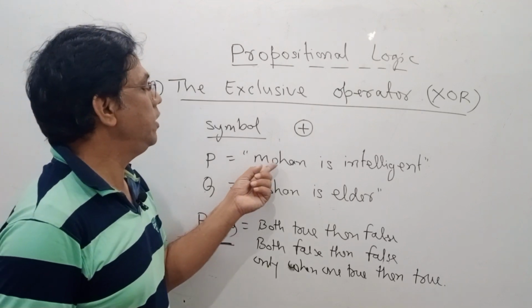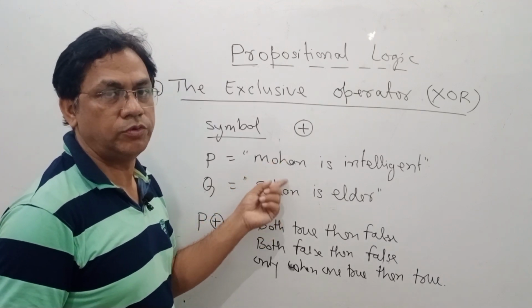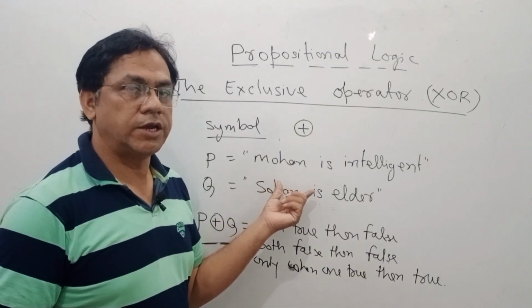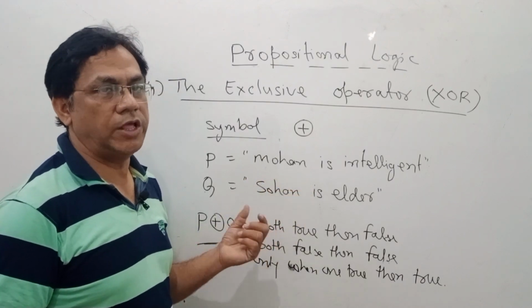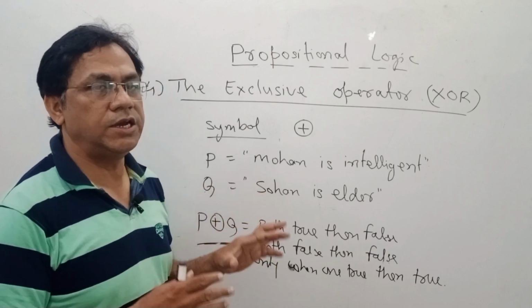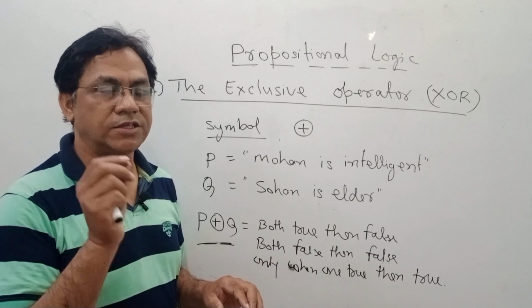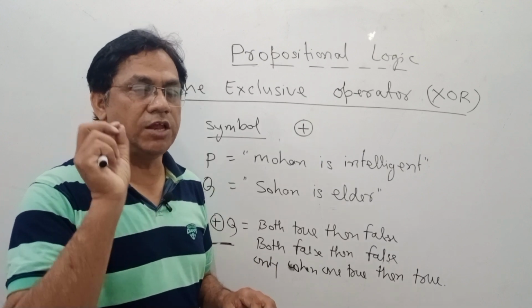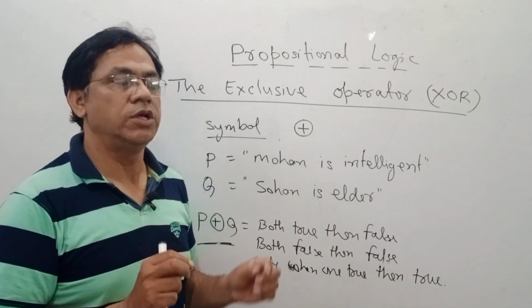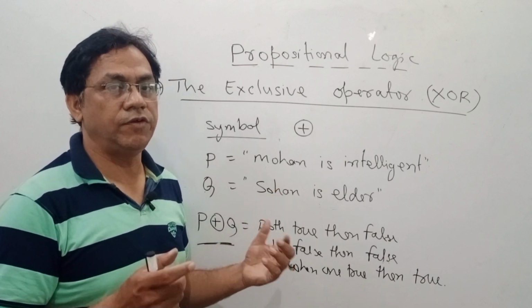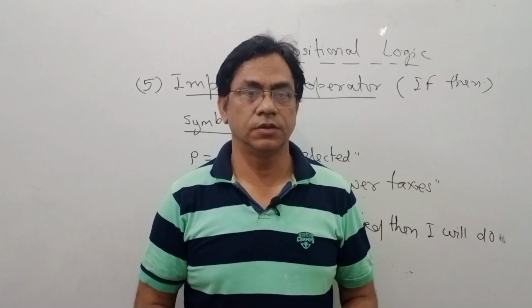And whenever only one of the two conditions is true, then only this statement will give the true value. For that reason the exclusive operator is used. Exclusive means only exclusively one condition is true, then only it will give the true value. All other conditions give the false value.